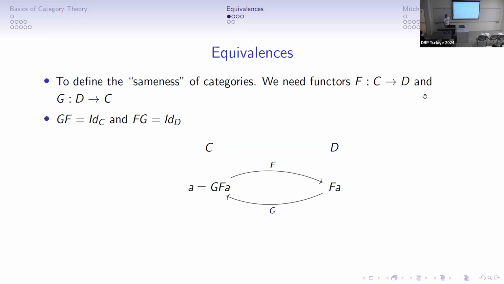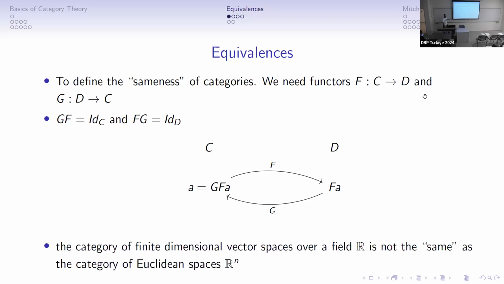But this is a very strict definition for us. It's not useful. In this case, the category of finite dimensional vector spaces over R is not the same as the category of Euclidean spaces R^n. And we don't want something like this.